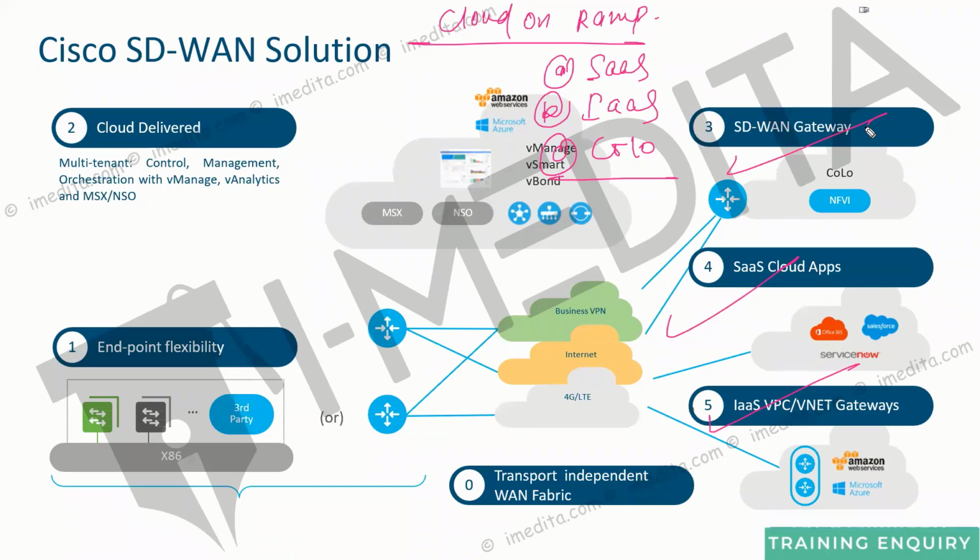Cloud on-ramp for infrastructure as a service feature allows us to extend the SD-WAN capabilities to the infrastructure that is hosted onto the cloud. For example, you might be running some cloud delivered firewalls or cloud delivered branch, cloud delivered data center, and you want to extend the capability.